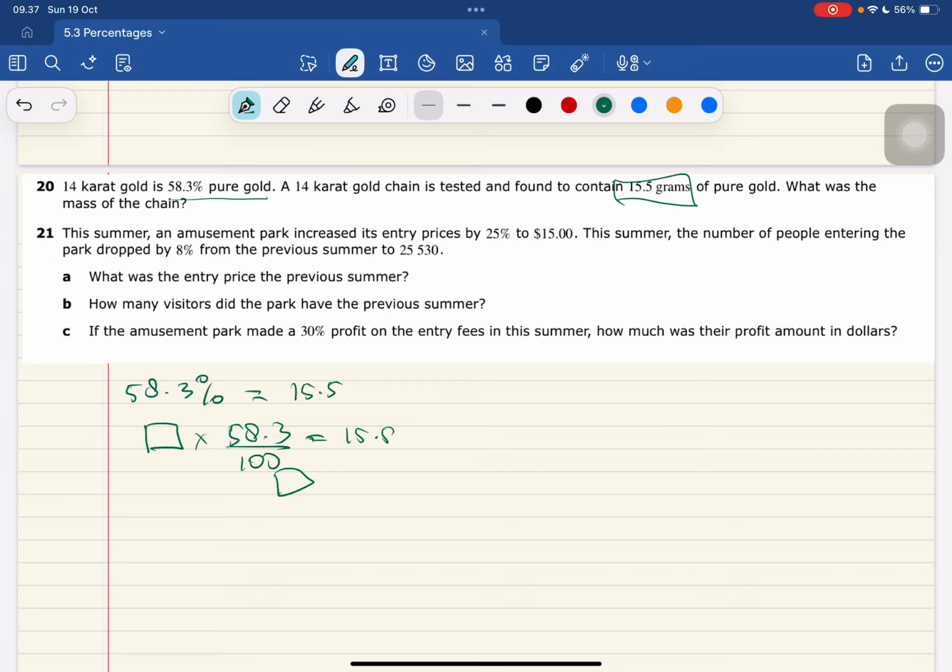So the total equals 15.5 times 100, then we divide by 58.3. So the total gram is 15.5 times 100, and then we divide it by 58.3. So the total is 26.59 gram for 14 carats.